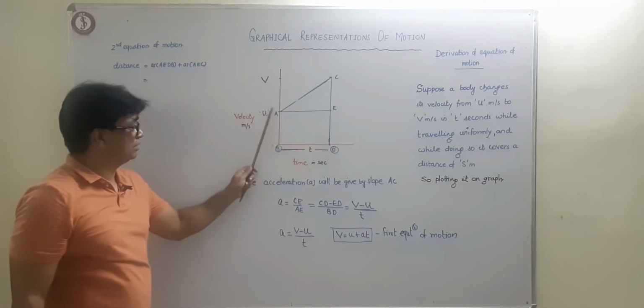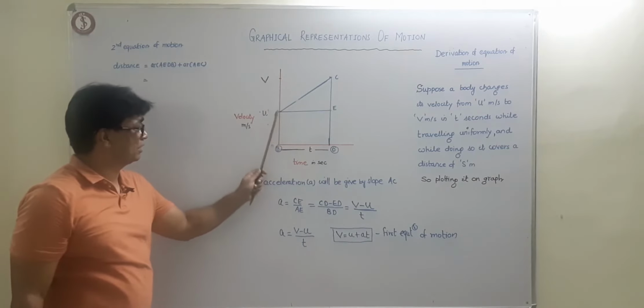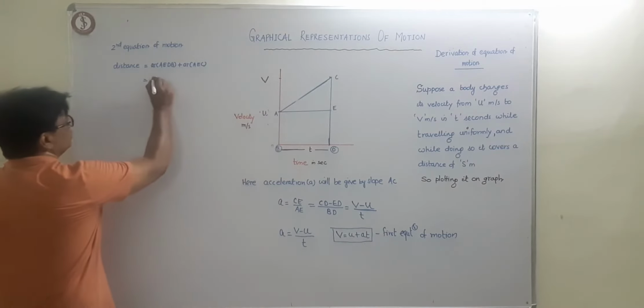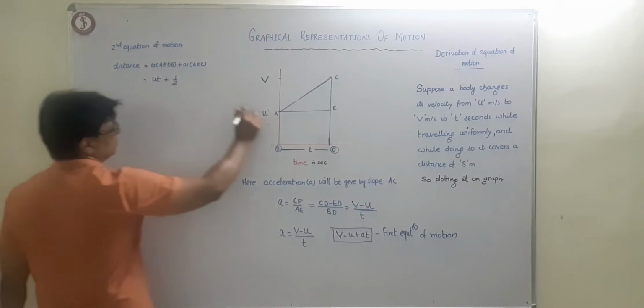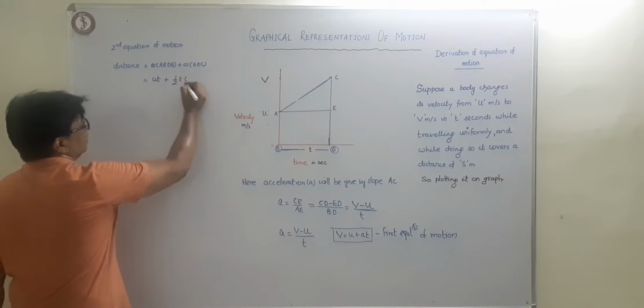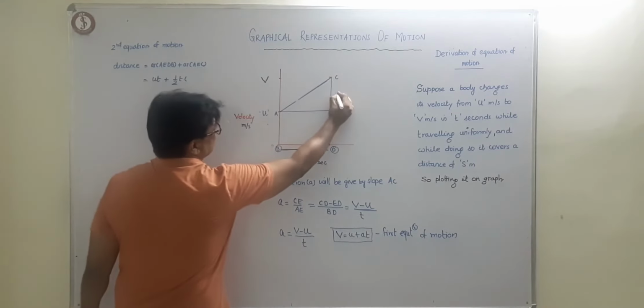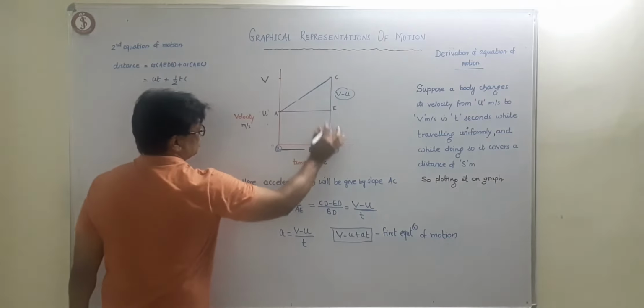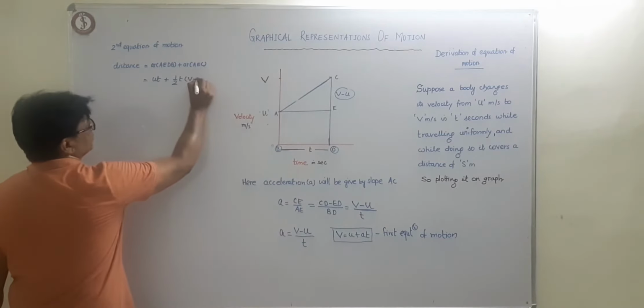That's very easy. Area of rectangle is length into breadth. Length is t and breadth is u. So the area of this rectangle will be ut, plus the triangle will be half into base, which is t, into height. How much is the height? The height will be v minus u, isn't it? Total is v and this is u, so v minus u.